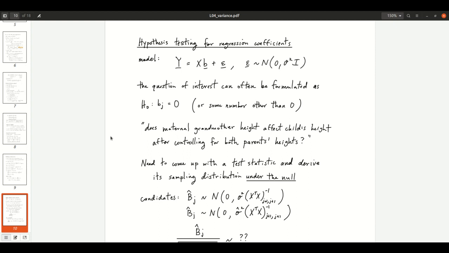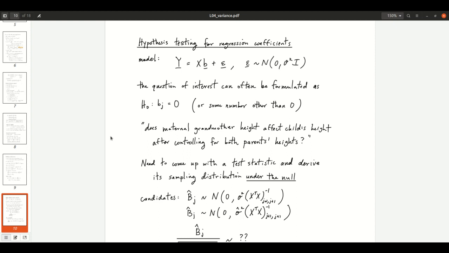So for example, if we were doing a regression of child height on parent's height and maternal grandmother's height, if we were testing the hypothesis that the maternal grandmother's coefficient was 0, we would be trying to answer the following question. Does maternal grandmother height affect child's height after controlling for both parents' height?